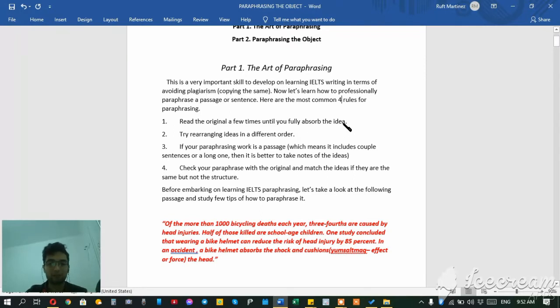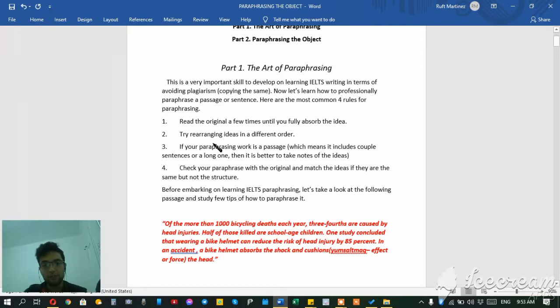Don't read it once, read it 2-3 times until you understand the main idea of the question, because you will work on this main idea. You will either find synonyms, which we will discuss further, or change the form of the sentence in order to paraphrase.